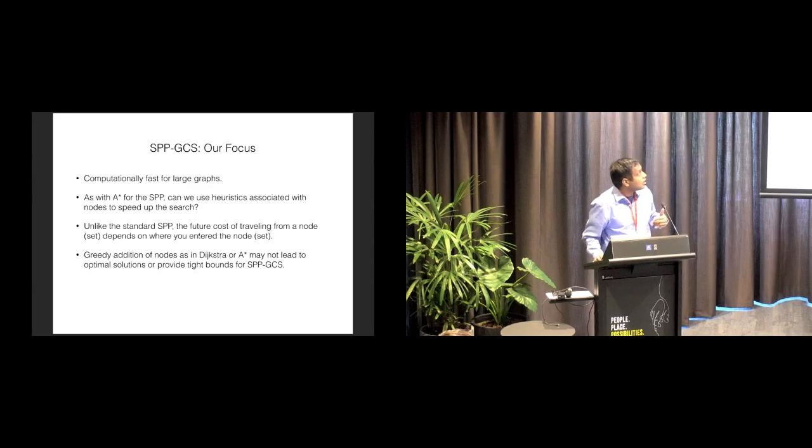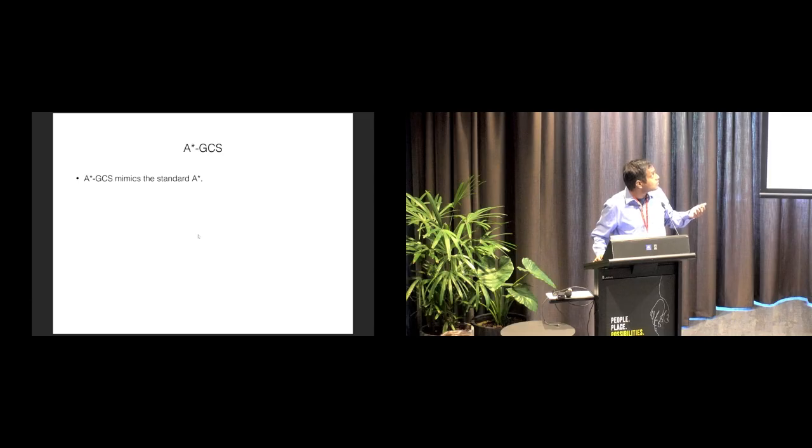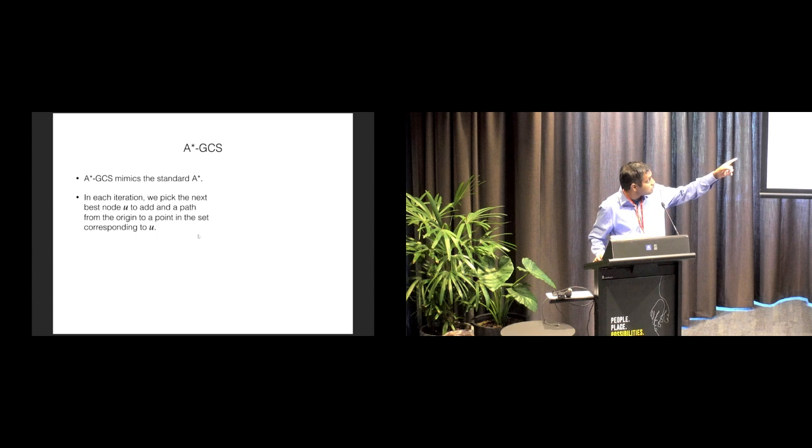Okay, so in our algorithm, we assume that each set or each node has a heuristic cost to the destination, and the paper talks about how you generate these heuristics. I'll just skip that for the moment. So this is what we do. Our algorithm basically tries to mimic A star. In each iteration, we pick the next best node or set to visit and a path to travel from the origin to a point in the set corresponding to the new node u that we are picking.